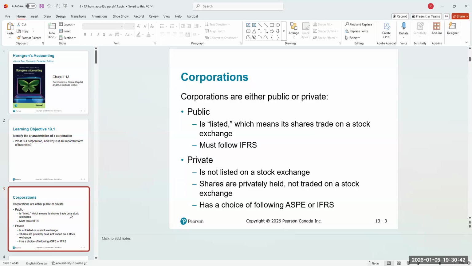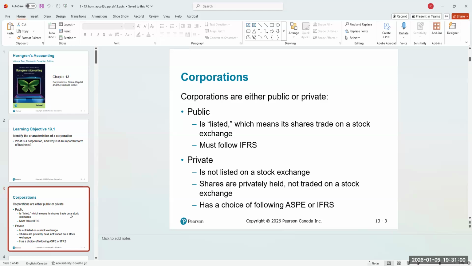Obviously not. So what would be a public company? A public company is one that is listed on the stock exchange market. They are listed somewhere. That means the shares of that company are available for the public.